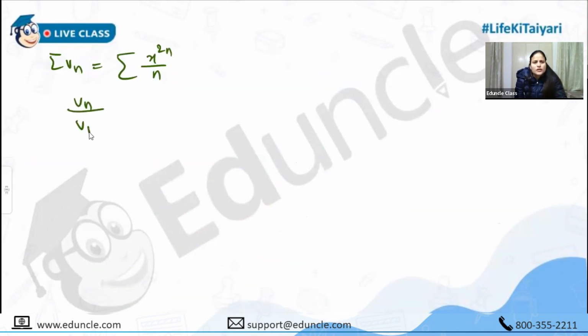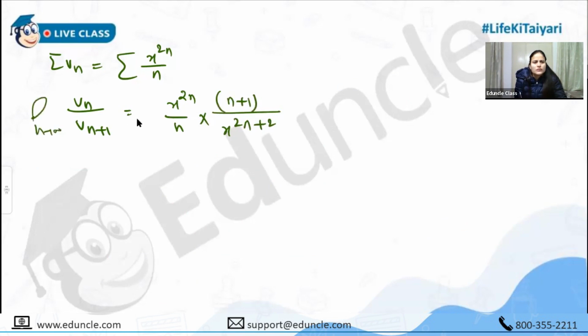So Vn upon Vn plus 1: x raised to twice n upon n into x raised to twice n plus 2 upon n plus 1, taking the limit as n tends to infinity. The value of the limit is x square.